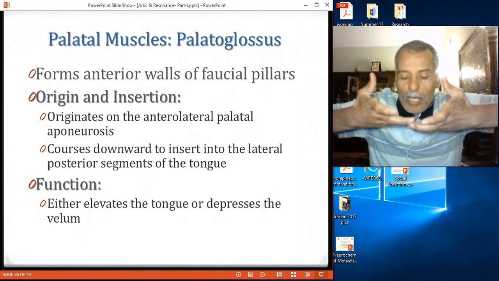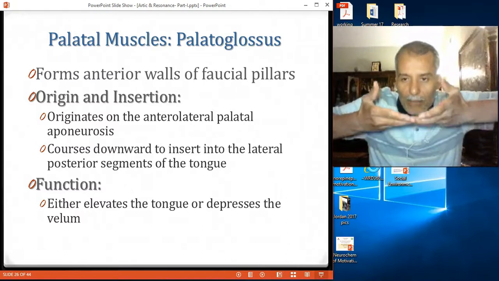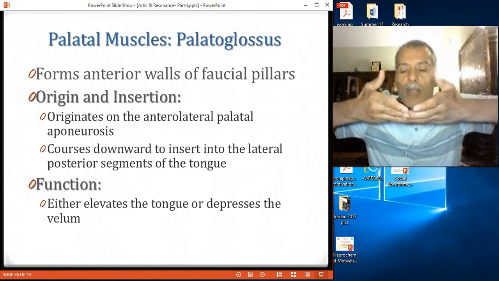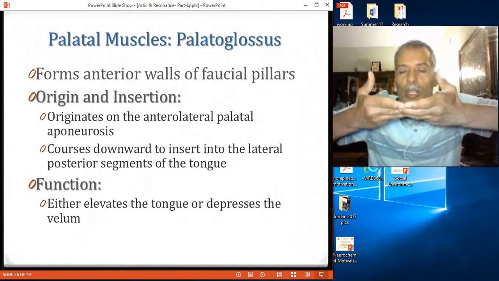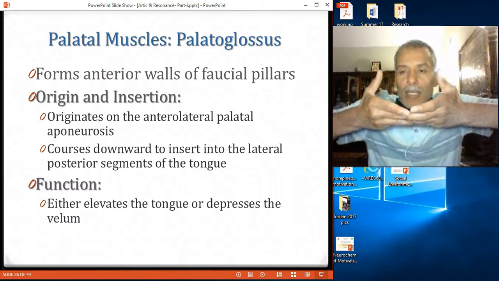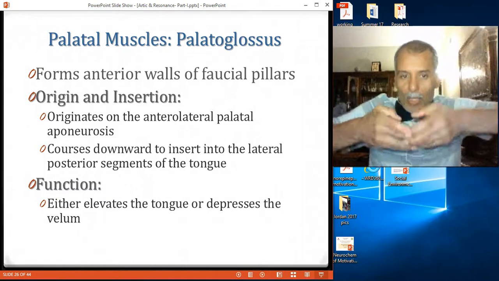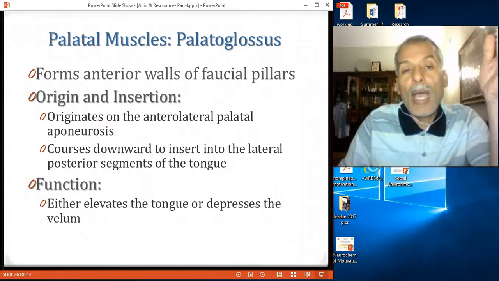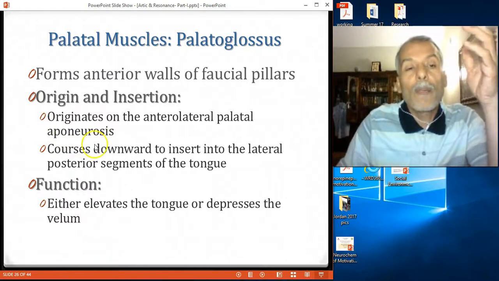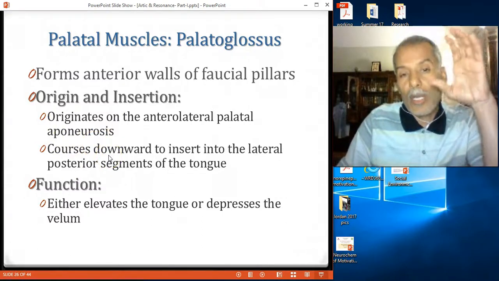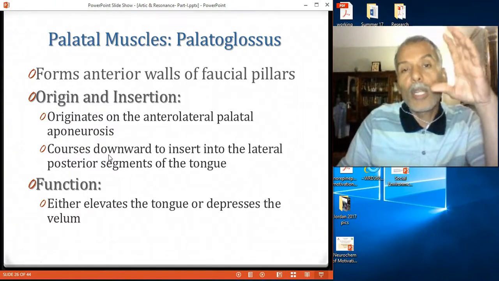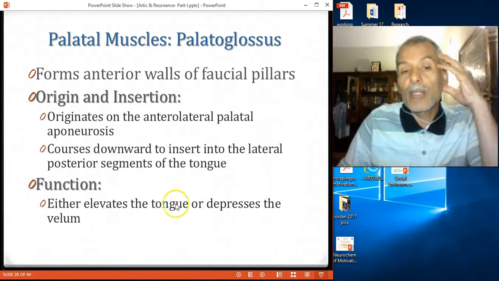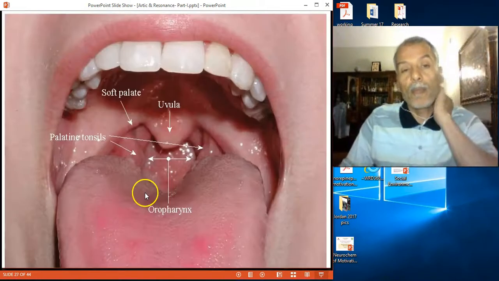So when it goes like that, it can lift up the entire back of the tongue. And if you fixate that, you can lower the velum down. Because the two structures are flexible, the velum and the tongue, if you fixate one, you can elevate the other. So this is a dual action muscle. It can either elevate the tongue or depress the velum.